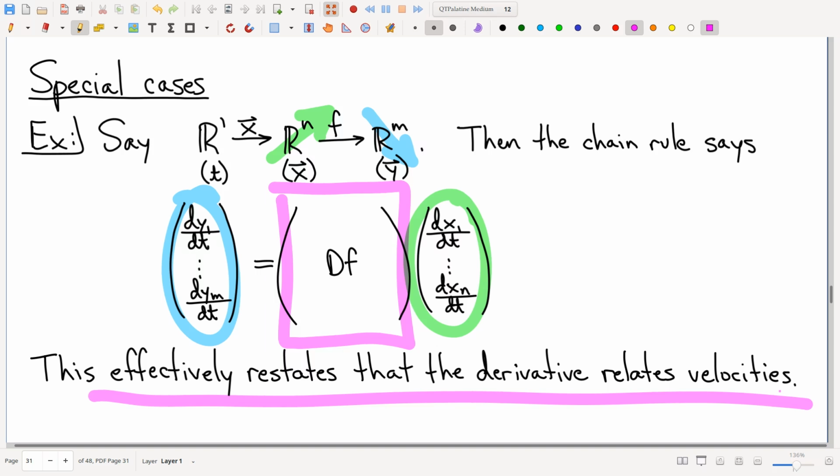It's just a scalar at that point? No. It's not. Nope. There's no scalars involved here. This is a matrix. Derivatives are matrices broadly, and what derivatives do to other things is turn input velocities to output velocities. Okay, yeah, we can talk after class if you want. Okay. All right.